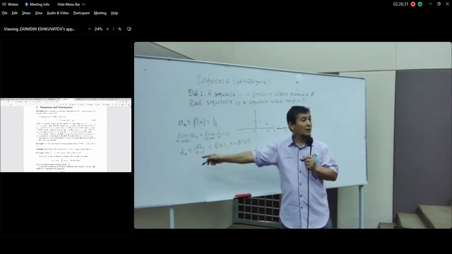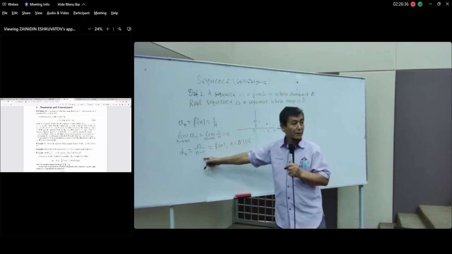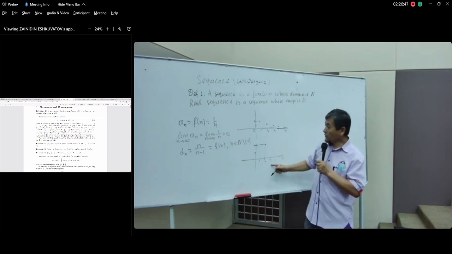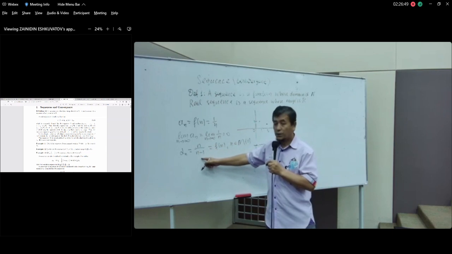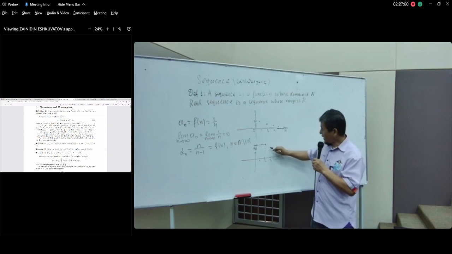When n equals 2, 2/1 is 2, so at point 2 I have this point. When n equals 3, it is 3/2, which is less than this. Next I have this point, and so on.